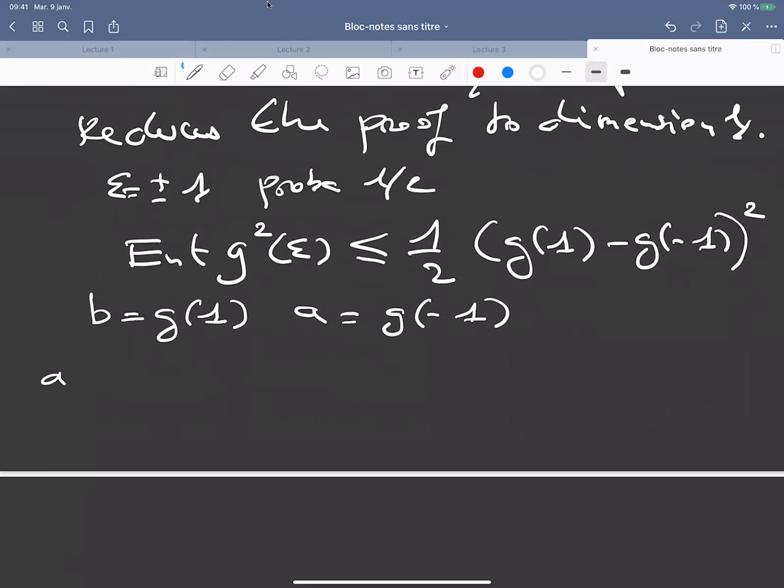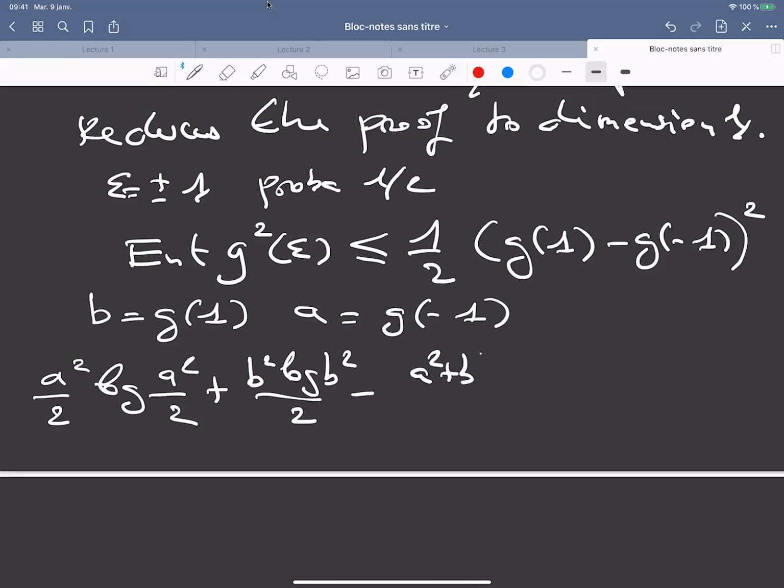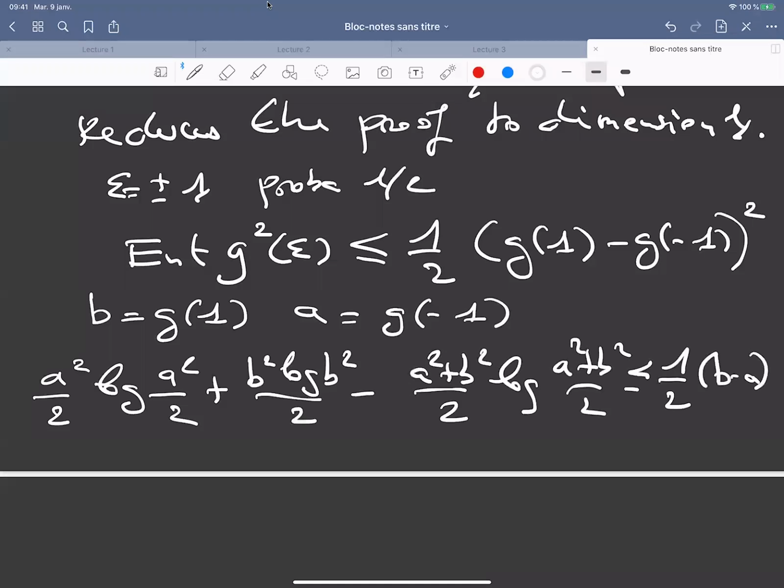And the inequality means that a squared over 2 log of a squared, plus b squared over 2 log of b squared, minus (a squared plus b squared) over 2 times log of (a squared plus b squared) over 2, is less than 1/2 (b minus a) squared. This is what we have to prove.